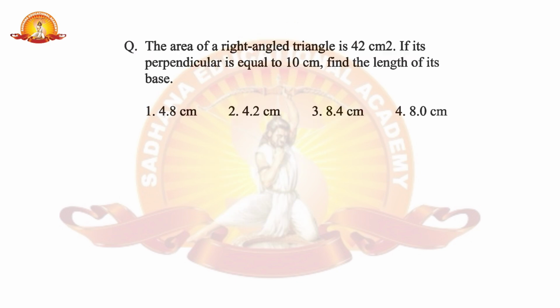The area of a right angle triangle is 42 square centimeters. If its perpendicular is equal to 10 centimeters, find the length of the base. In the right angle triangle, it is given that the area is 42 square centimeters and the perpendicular is 10 centimeters; we have to find the base.